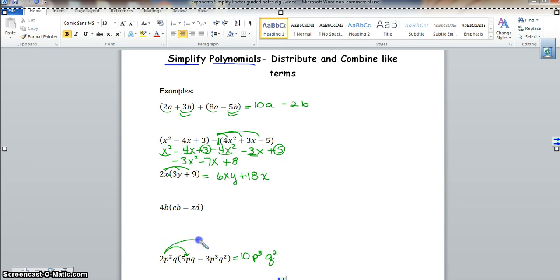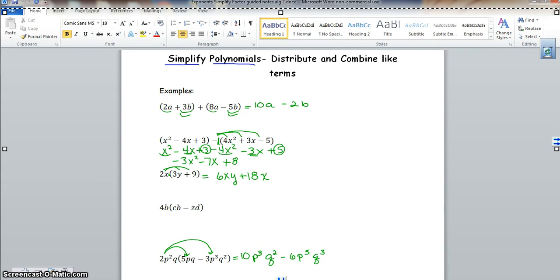Then we're going to take each one and multiply it to this part. So 2 times negative 3. P squared times P cubed is P fifth. When we multiply, we're adding exponents. Q times Q squared, Q raised to the 3rd power.